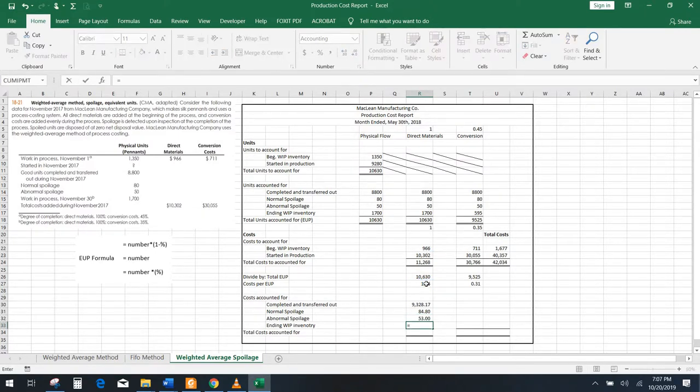And then cost per EUP multiplied times ending work in process. Okay, do the same thing here.